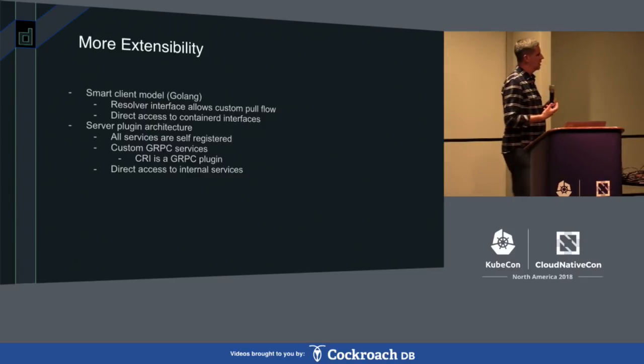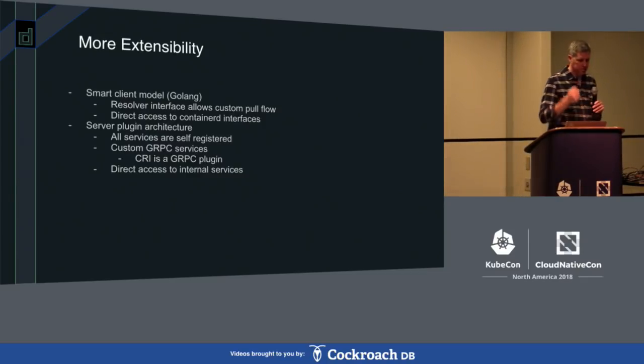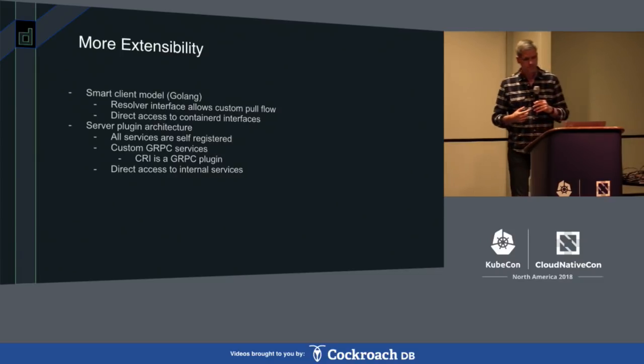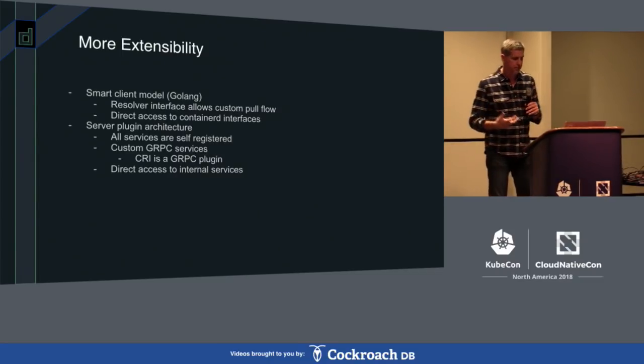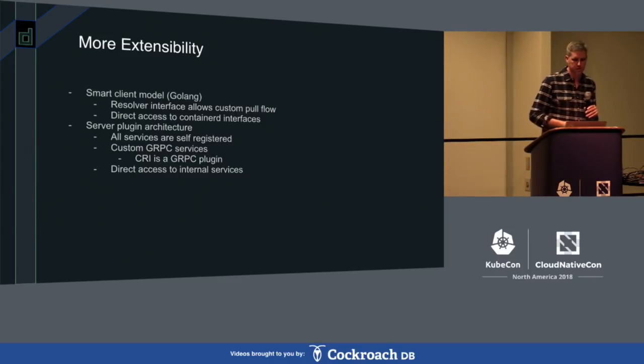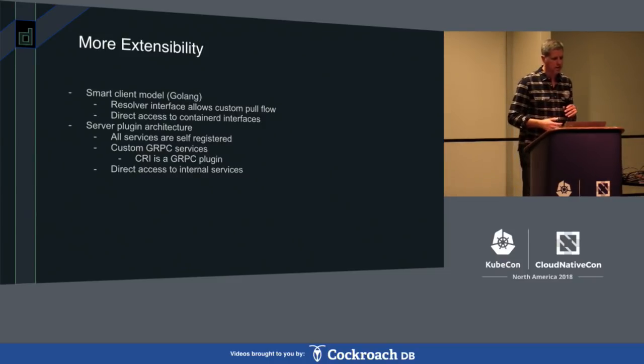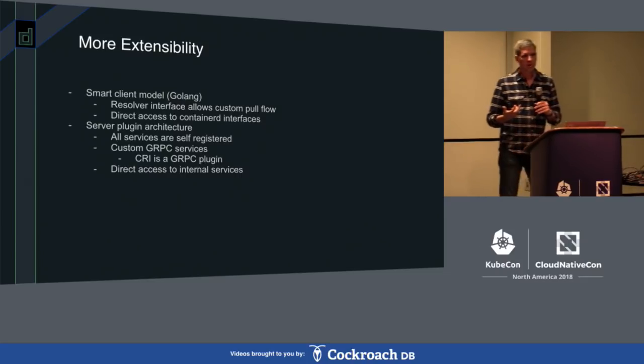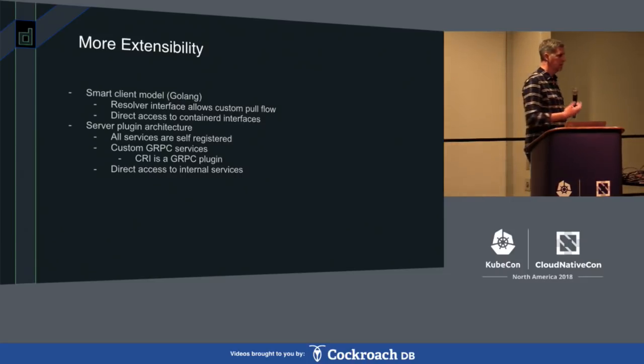So again, a lot of our recent work has been focused around this extensibility. You can do interesting things like have your own resolver interface. If you have a custom pull flow with a registry, because you're in this Go client library context, you have direct access to the rest of the Containerd interfaces.